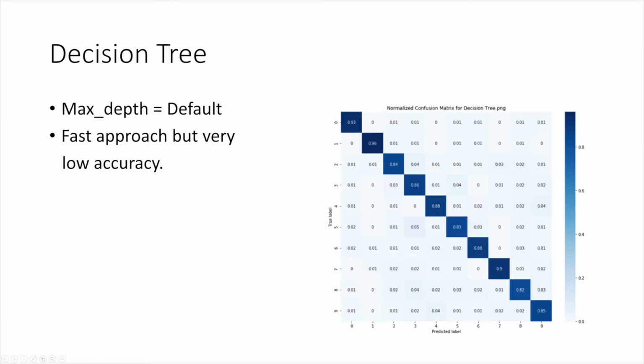It is a fast approach, but with a low accuracy of 87%, which is much lower than other algorithms in our project. The decision tree is poorly classifying digits 5 and 8. From the confusion matrix, you can see that they have a relatively low accuracy rate.